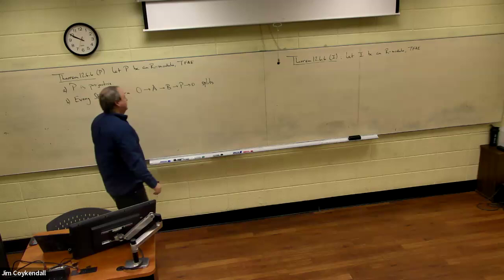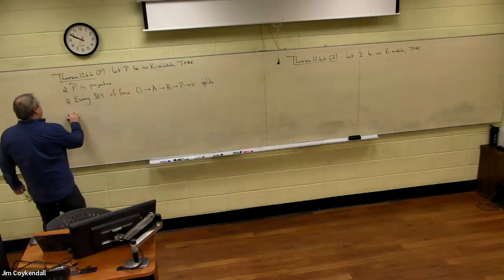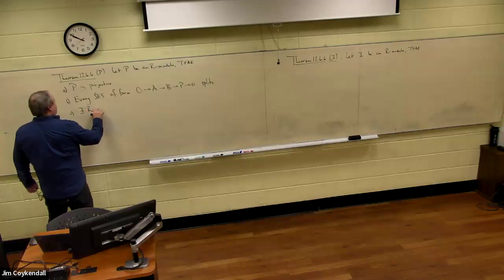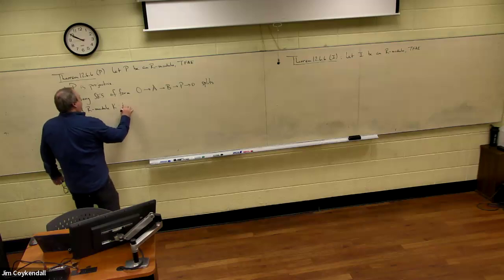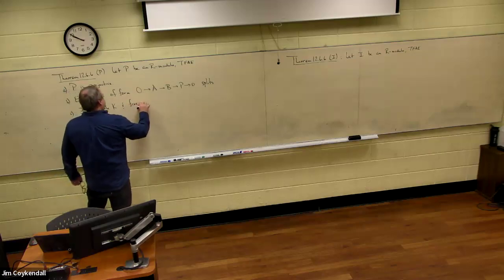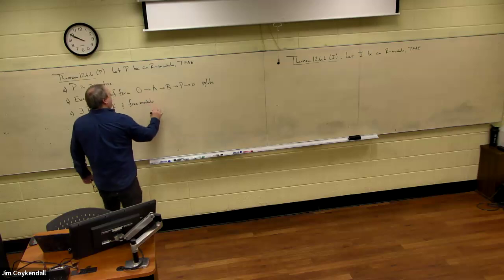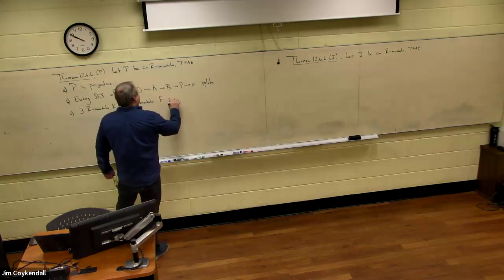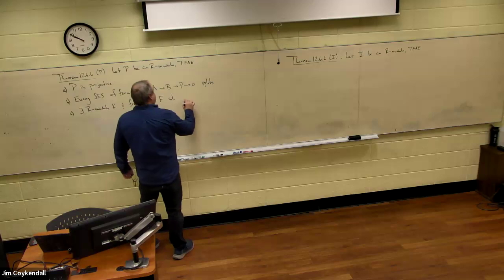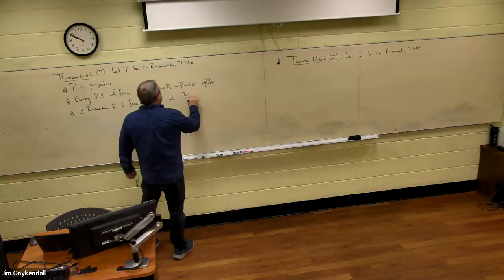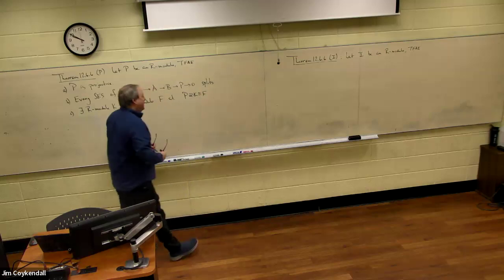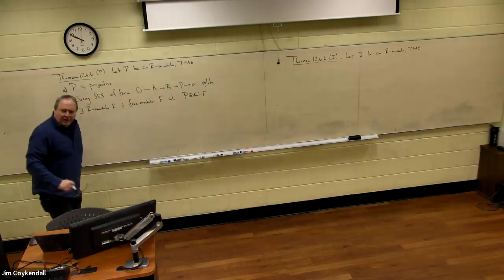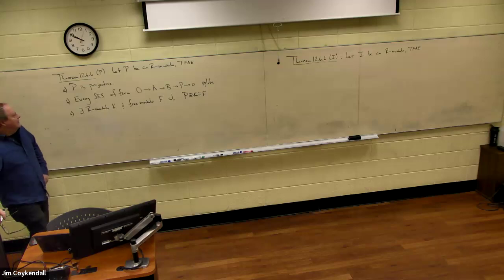Number C, there exists an R module K and a free R module F such that P direct sum K is isomorphic to F. This last one's very useful, and it's a characterization I gave you in homework.